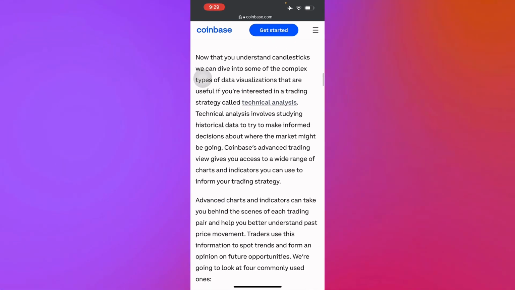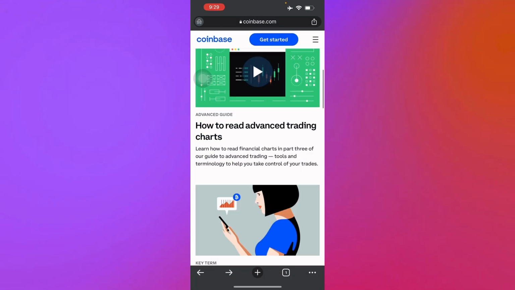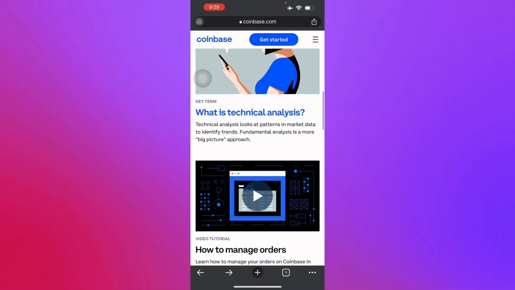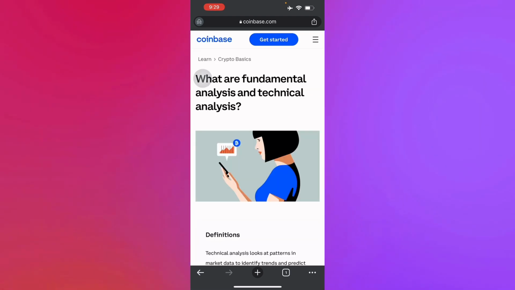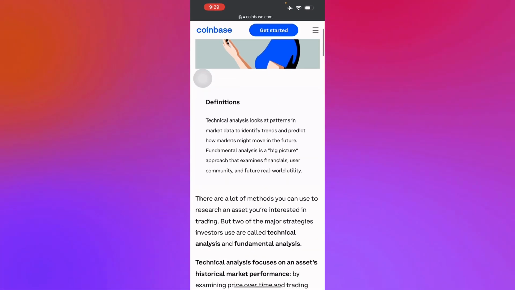Now that you understand candlesticks, we can dive into some more complex data visuals that are useful if you're interested in a trading strategy called technical analysis. The next one is technical analysis. Technical analysis looks at patterns in market data to identify trends and predict how markets might move in the future.